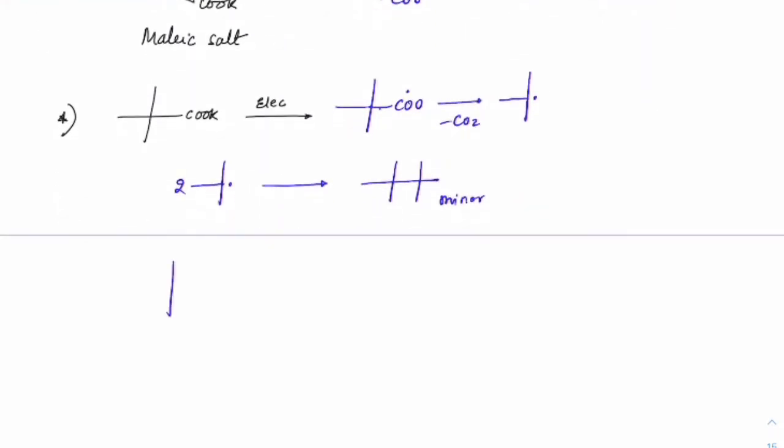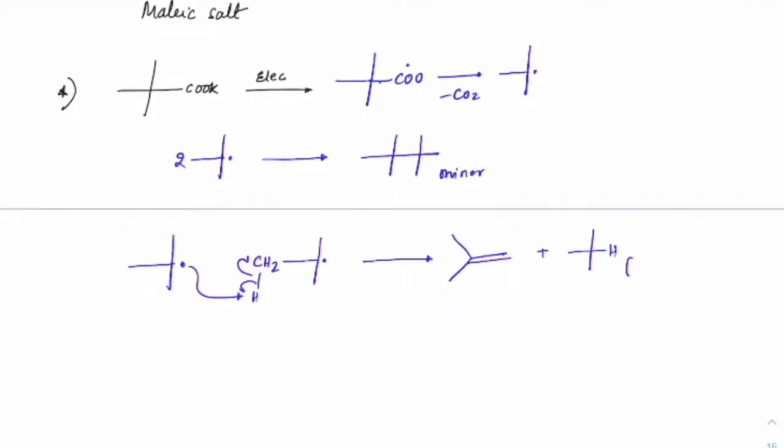At the same time, you see this dot getting disproportionated, with another dot here, we are expecting it will accept the H dot from here, and we will get an alkene plus an alkane here.